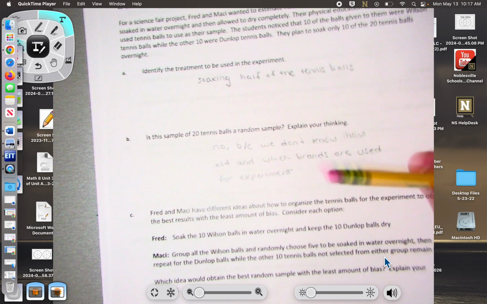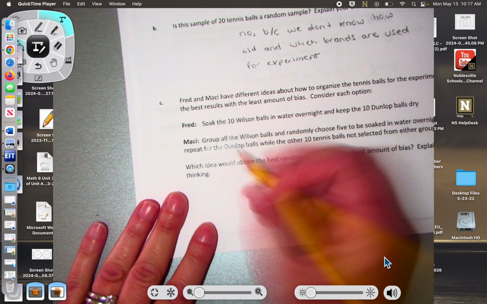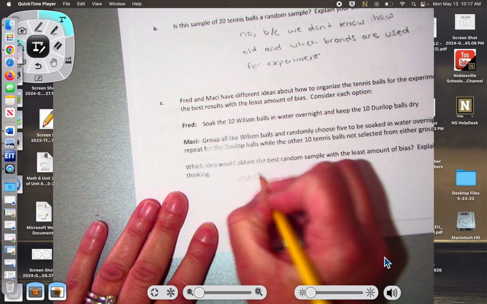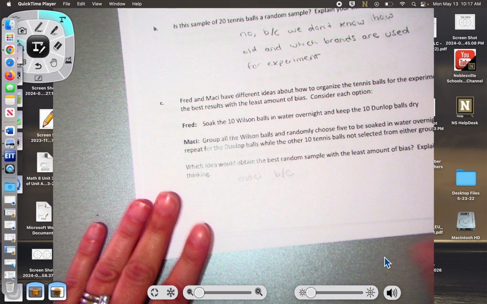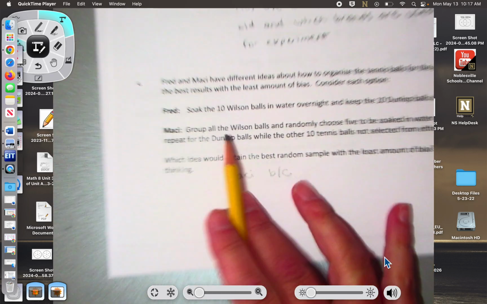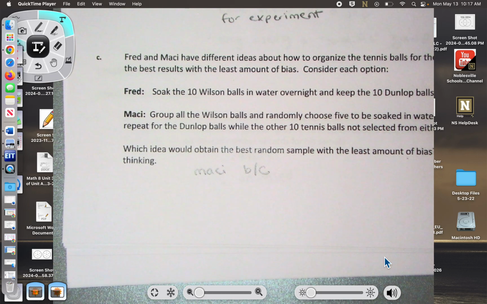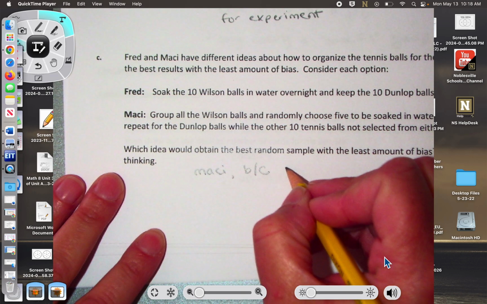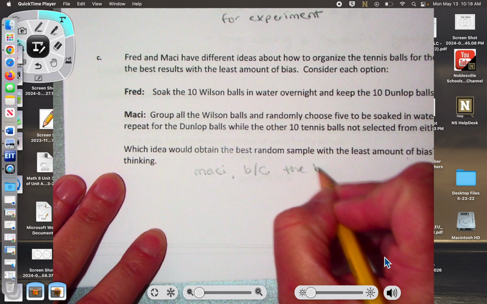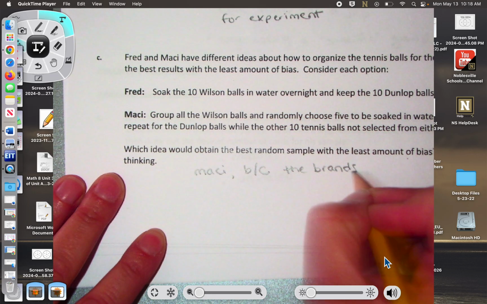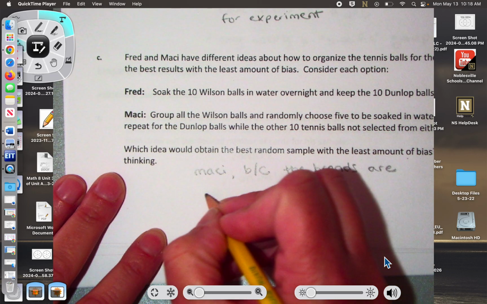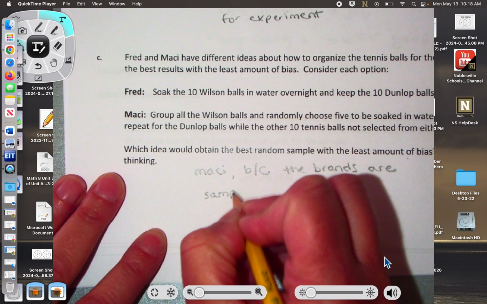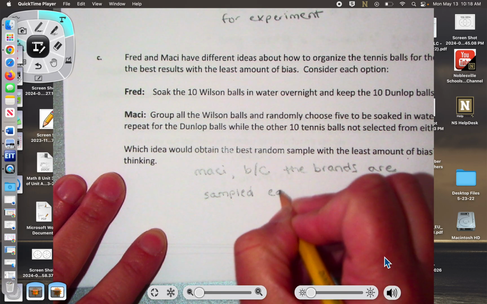I think we can all agree that Macy's would work the best because when you do what Fred said, you're comparing 2 different brands, and you're going to get different results for different brands possibly. So Macy, because the brands are sampled equally, right?